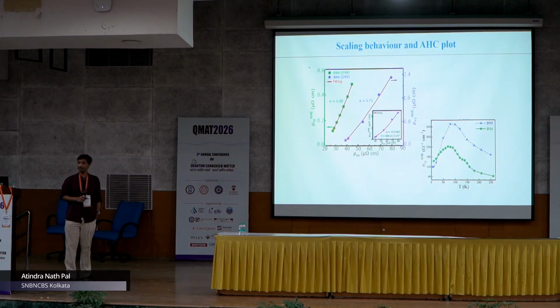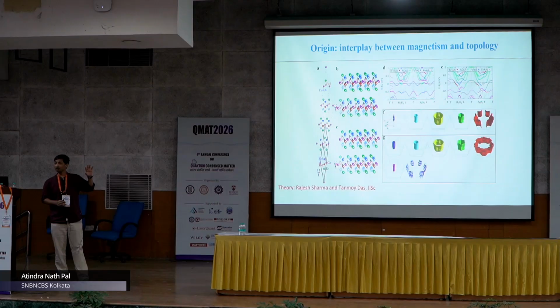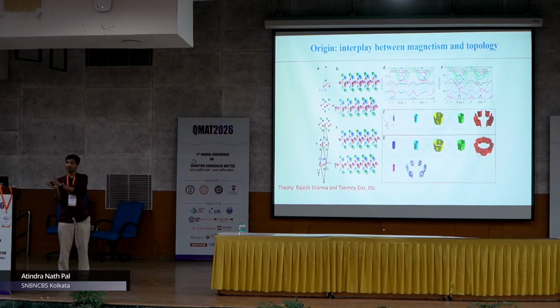I will not go into the details, whether the skew scattering and all the others, as I have only 5 minutes, so I have to go fast. Then Tanmay did the calculation and they could explain that there are two kinds of states, the collinear state and the non-collinear state, which are important and can explain these two transitions. Although it is not complete, they could explain it to some extent.